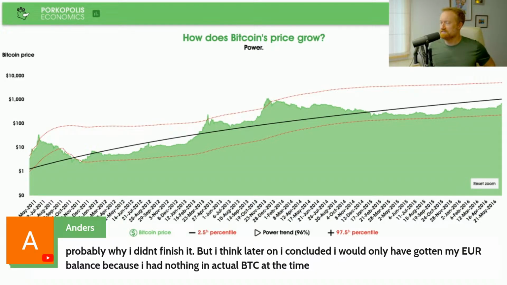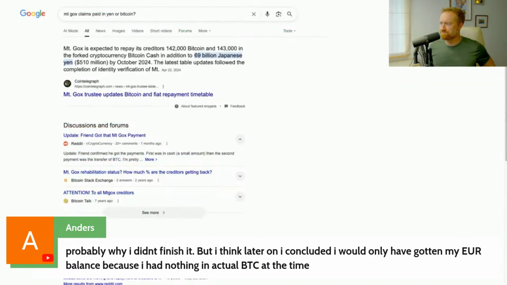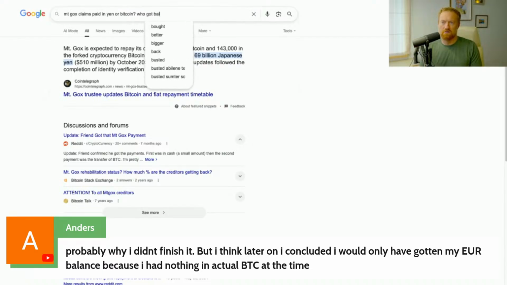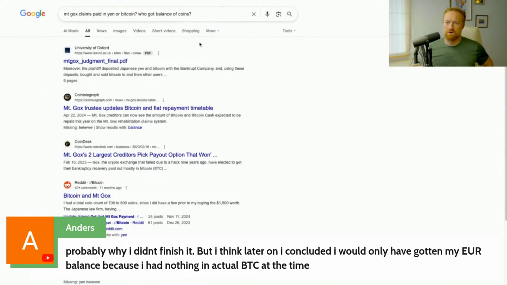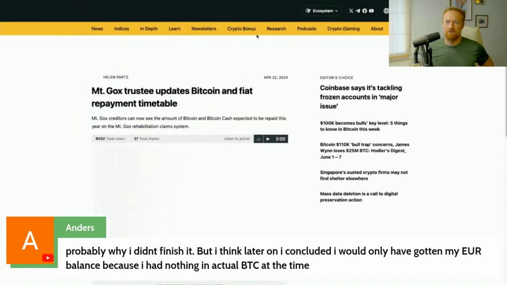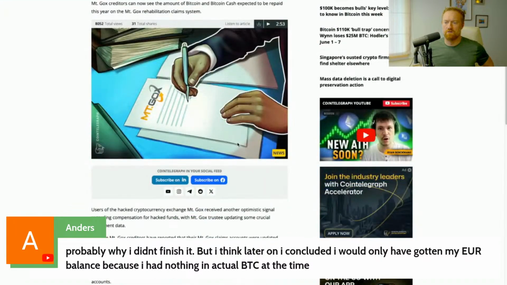So they did it the way you're saying. This is old, but they obviously had what it was, 600,000 bitcoins, and then it turned into 300,000 bitcoins. But regardless, they only paid out 140,000 bitcoins. So who got the rest of it? Does anybody know? I don't know.